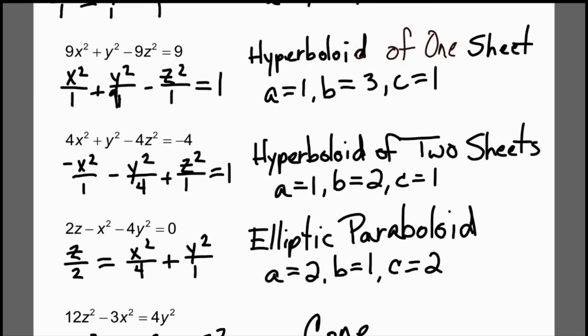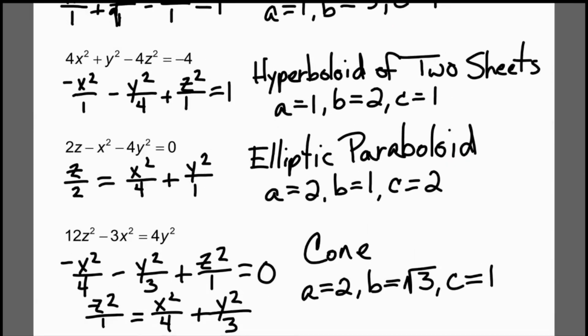When you try to graph that one, you probably want to deal with the parabolas and not the ellipse, because notice on this one, if I were to set z equal to 0, well, I'm going to have x squared over 4 plus y squared over 1 is equal to 0, and that's not going to give me anything to graph. So I would have to choose a non-zero z, and then it becomes much, much more complicated to locate that two-dimensional shape in space.